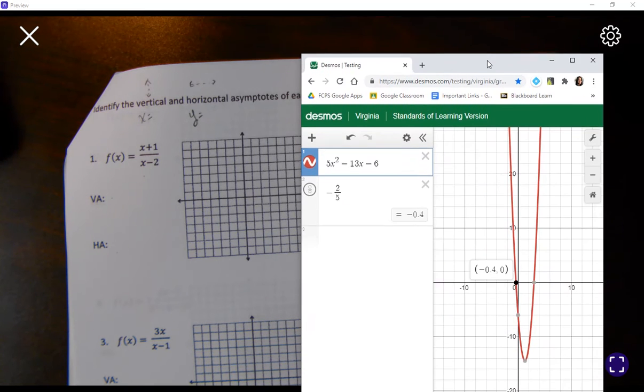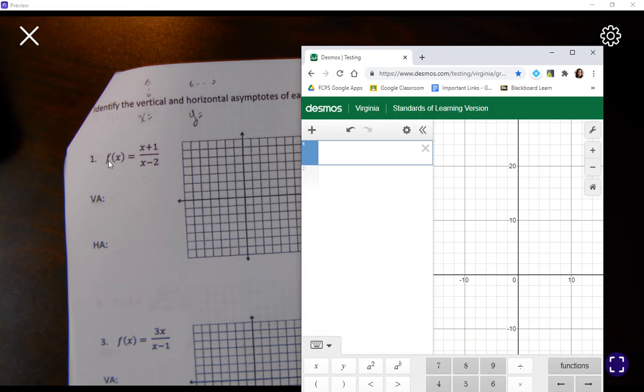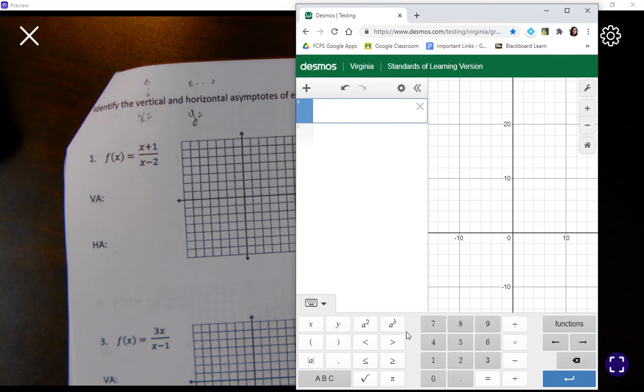So I'm going to get my graph. I'm going to plug in my function. You don't have to write f of x. You can just write your function right there. So you have division, x plus 1 over x minus 2. And there's your rational function.